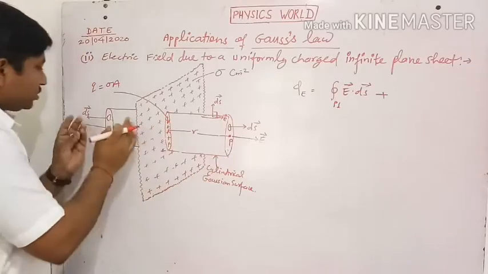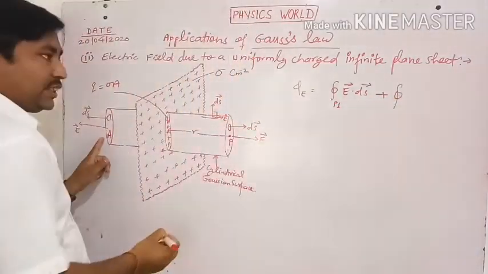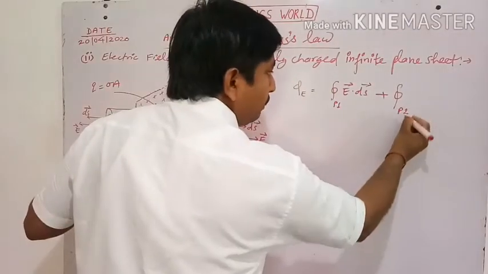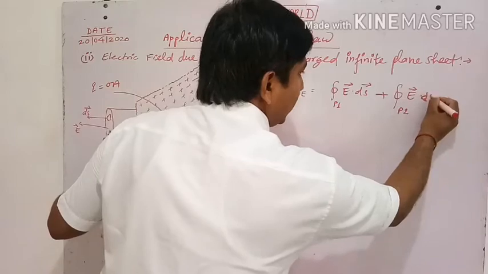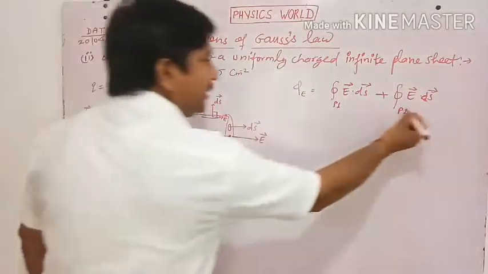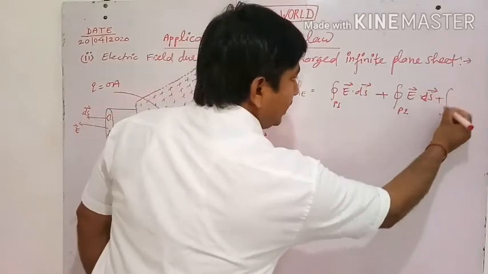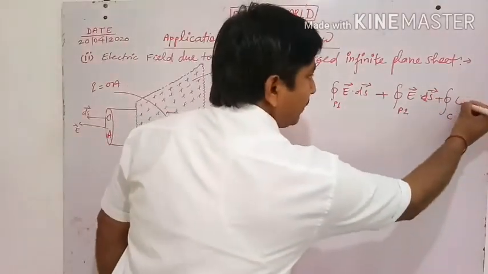So the total electric flux through the second plane surface is also integration E dot ds, plus the integration of the total electric flux passing through the curved surface.